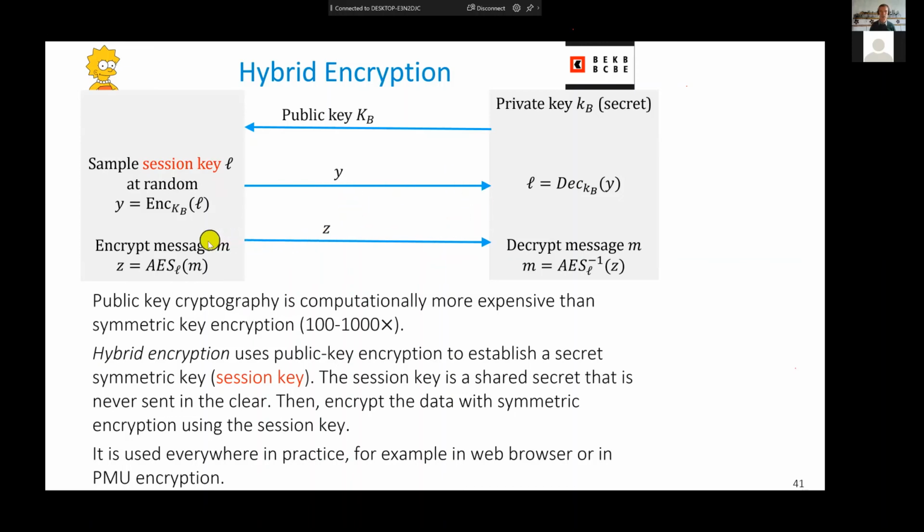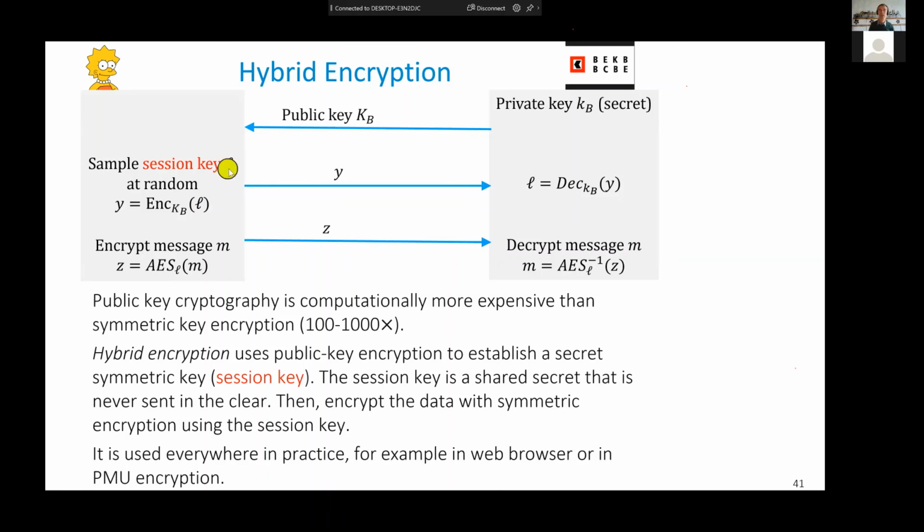So when Lisa sends a message to her bank, the message M is encrypted using AES and a session key L. Session key means that's a key that is used only for a short amount of time between Lisa and the bank, for the time that the HTTPS association lives. So when you go to the bank a second time, when you break the connection and do it again, you will obtain a different session key.